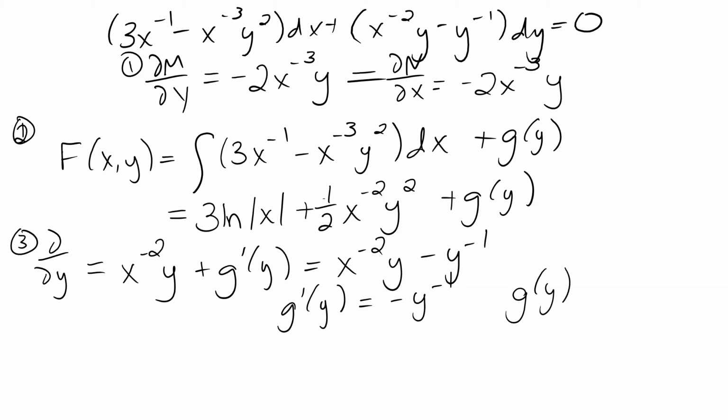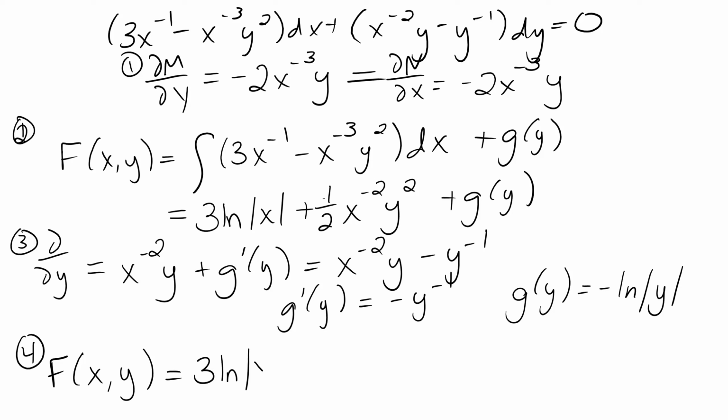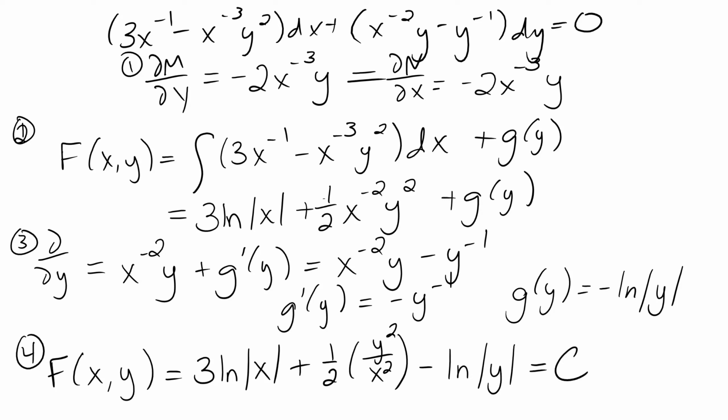So g of y is negative natural log of the absolute value of y. So I have, for step 4, f of x,y equals 3 natural log of the absolute value of x plus 1/2, I'm going to write it as y squared over x squared, minus the natural log of the absolute value of y, and that equals c.